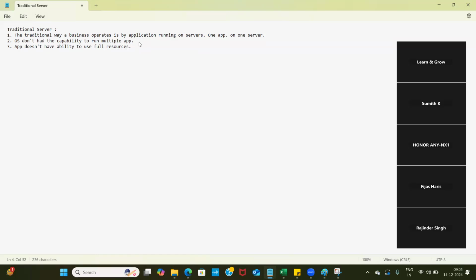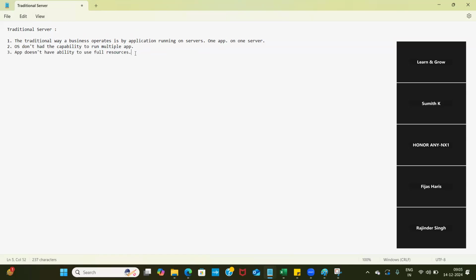Anyone having any issue or any doubts? Tell me. So here you're mentioning that the application does not have the ability to use the full physical resources. Exactly that.